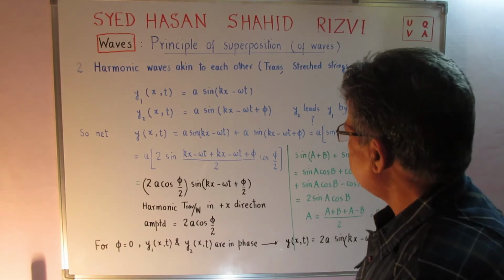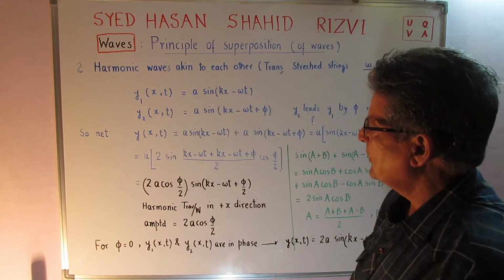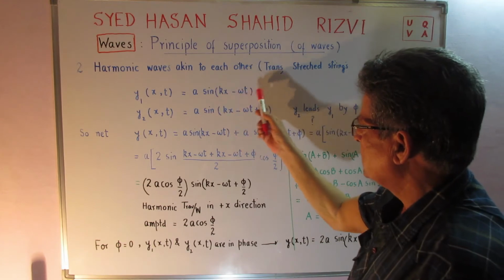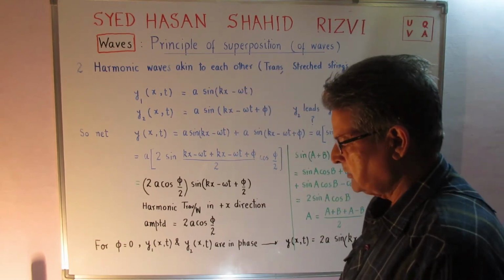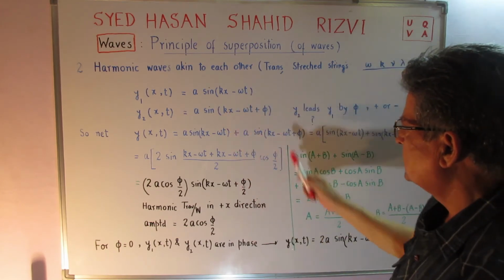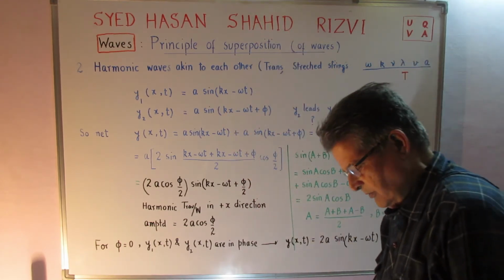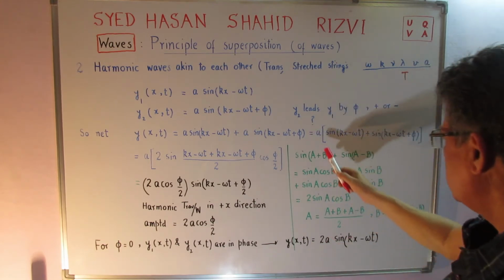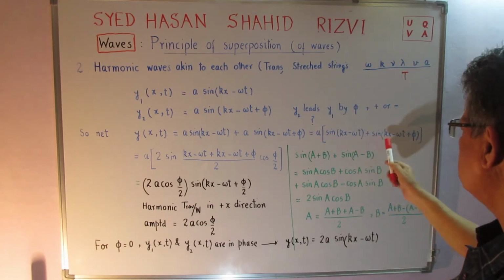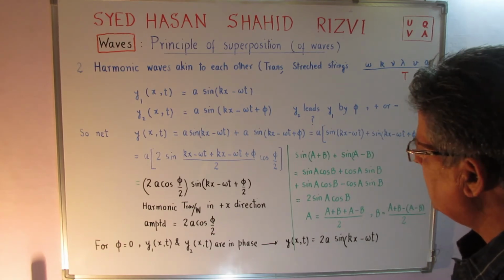So I can write y(x, t) is equal to a sine of (kx minus omega t) plus a sine of (kx minus omega t plus phi), which, taking a out as a common factor, we get a times (sine of this plus sine of this). Okay.